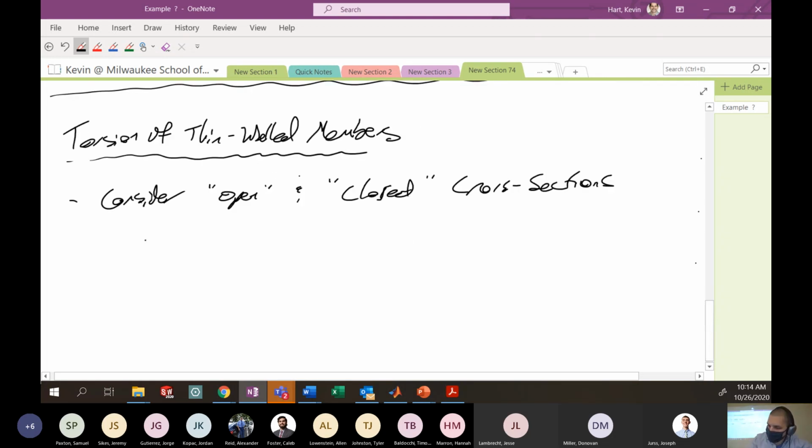Okay. An open section might be, I'll try to stick with some examples from your book. Some open cross sections might be like a very thin rectangular cross section. How about like a C channel?